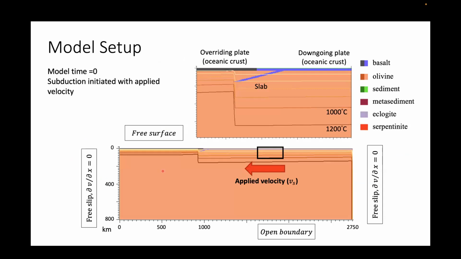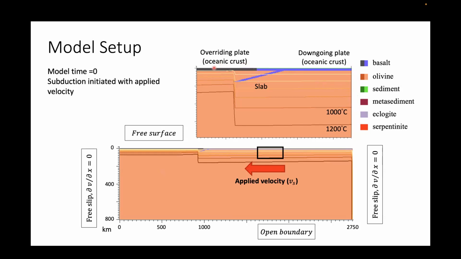Also, to allow the rollback, we cannot put a constant velocity boundary condition on the right, because usually when we have a constant velocity boundary condition on the right, all of the overriding plate will be under compression.